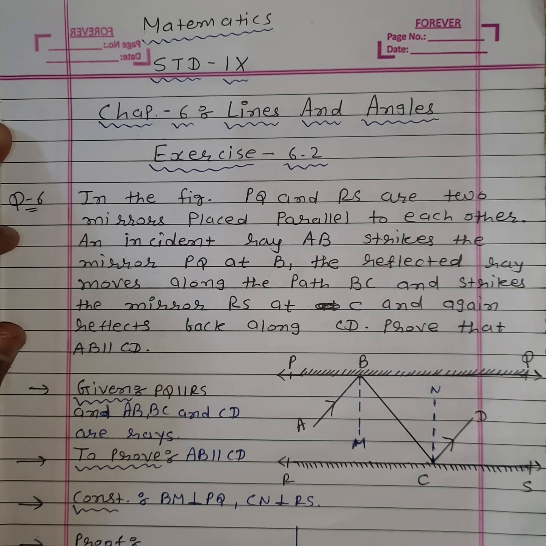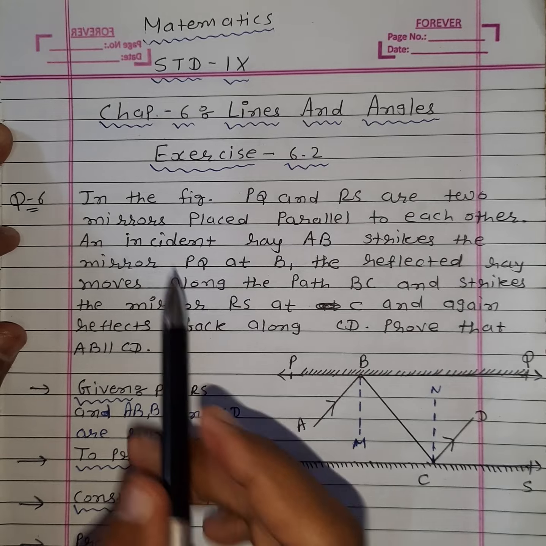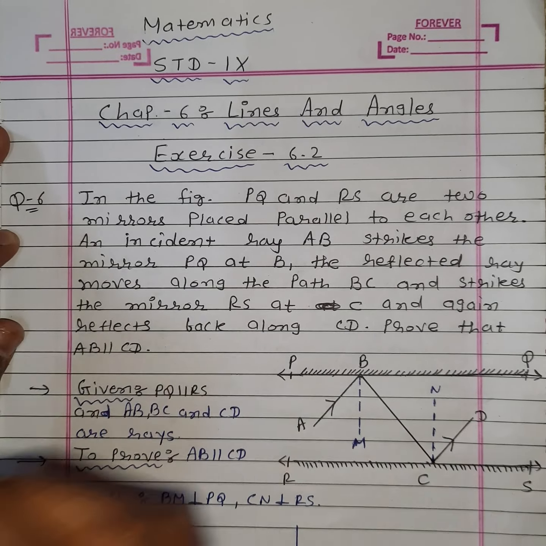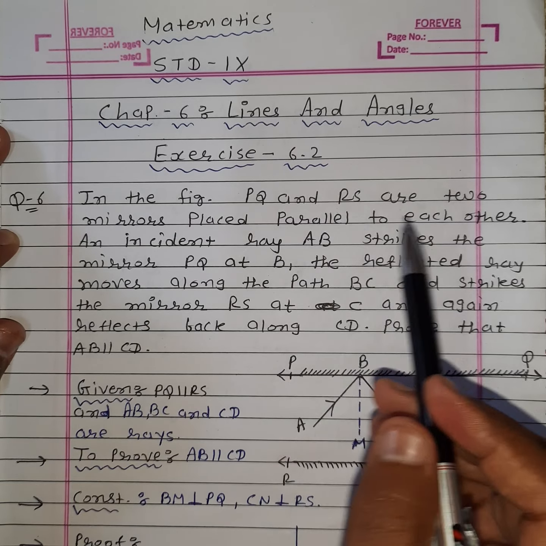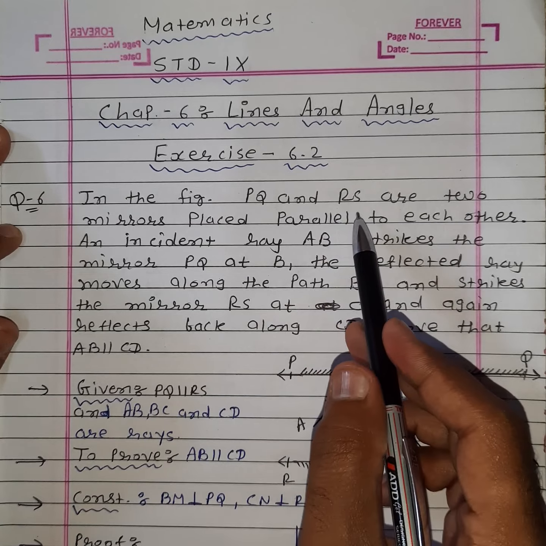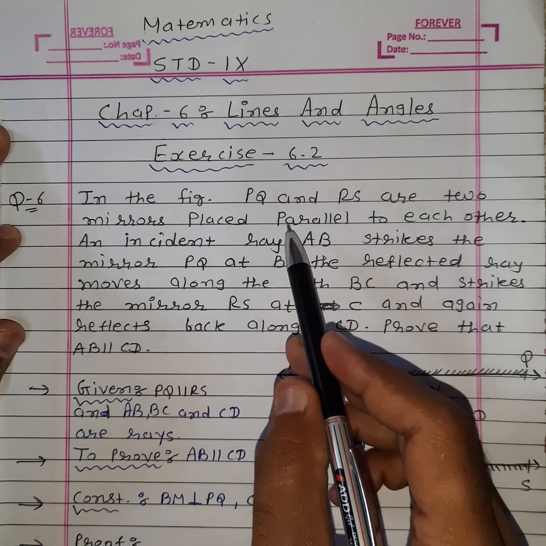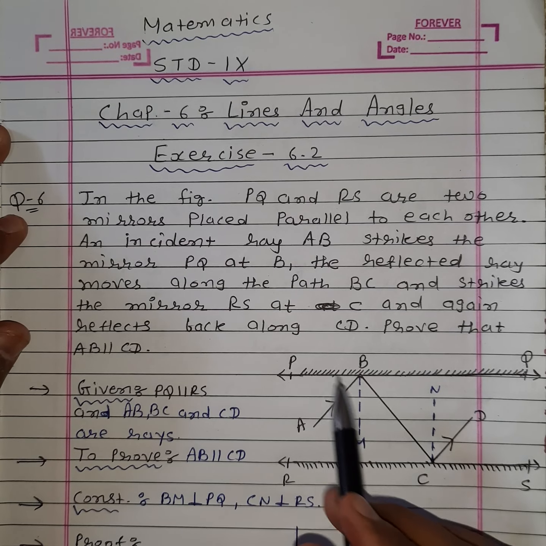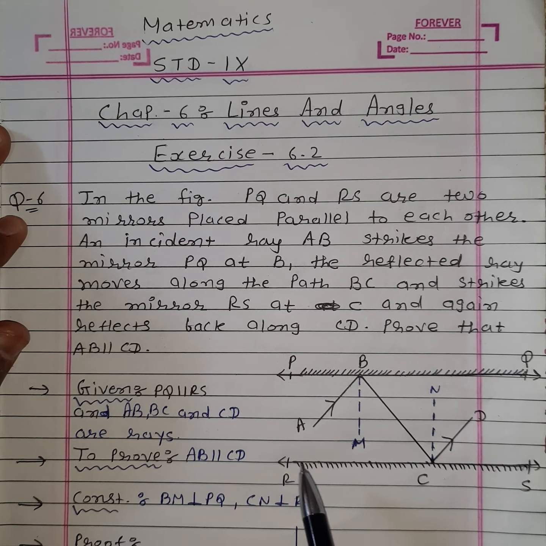We are discussing exercise 6.2. So this is the last question of this exercise, question number 6. Let's have a look at question number 6. In the figure, PQ and RS are two mirrors placed parallel to each other. As you can see in this diagram, this is mirror PQ and this is mirror RS.